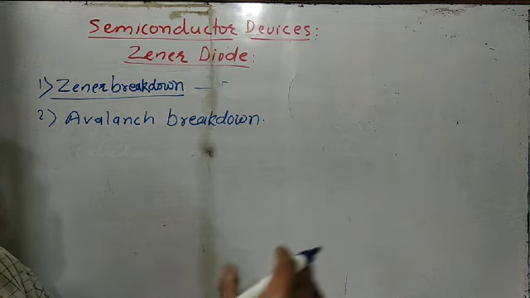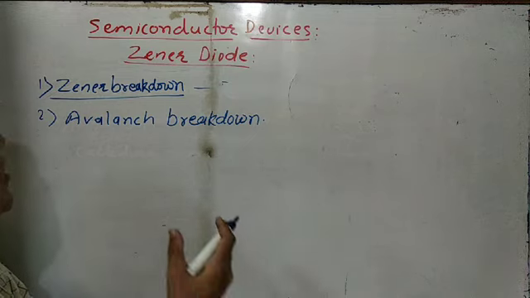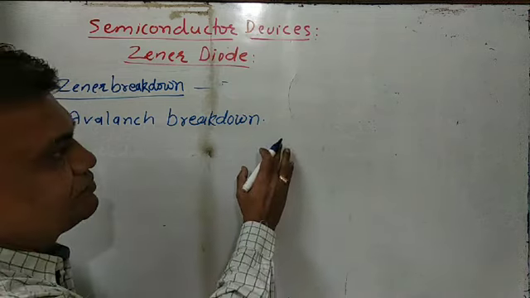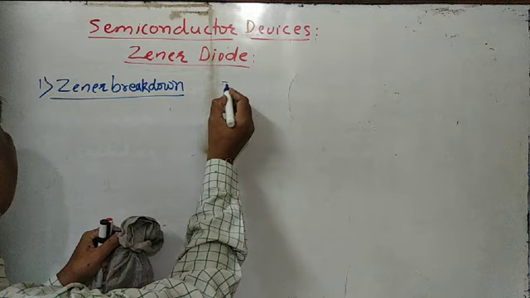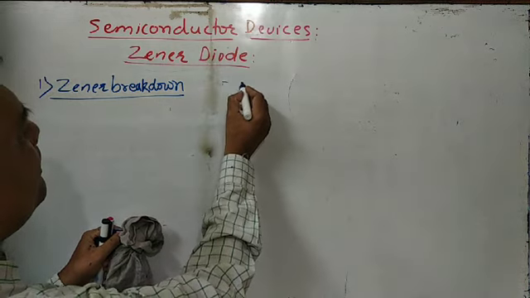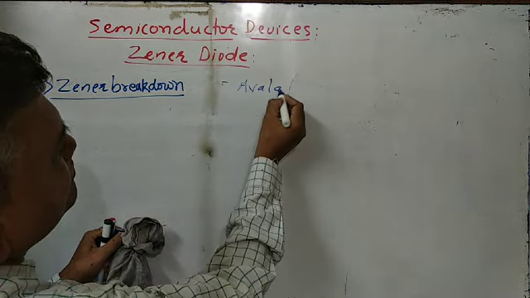This carrier multiplication is called avalanche breakdown. In Zener breakdown, the electric field exerts the force on the electron. So this is the main difference between them.